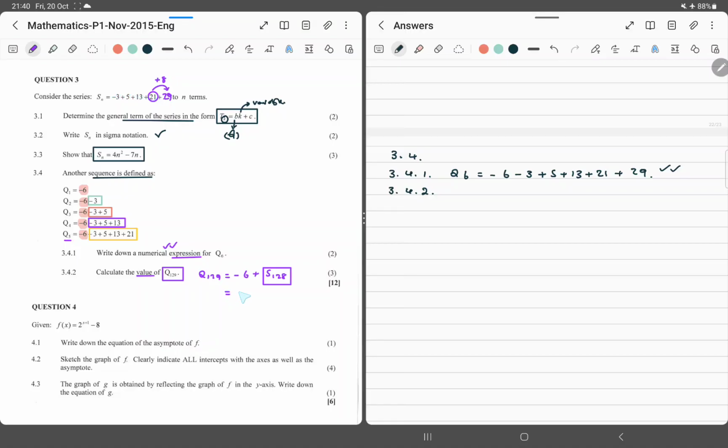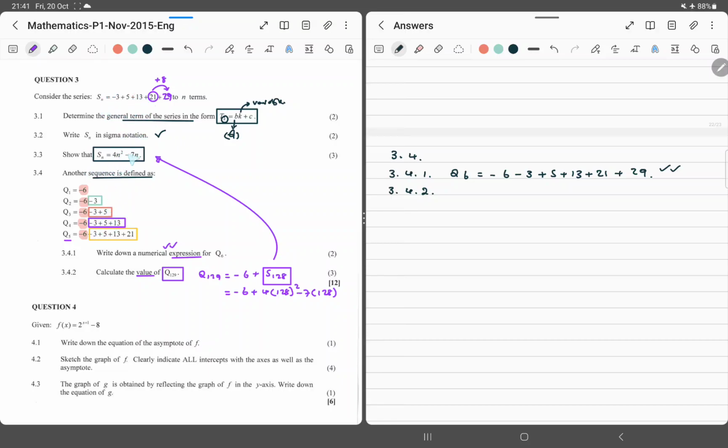Right. So this is going to be minus 6 plus, what is the general term for Sn? There it is. We've got it. So this is going to be 4 into n, which is 128, all squared, minus 7 into 128. So can you see this is an integrated question? So you have to always observe.